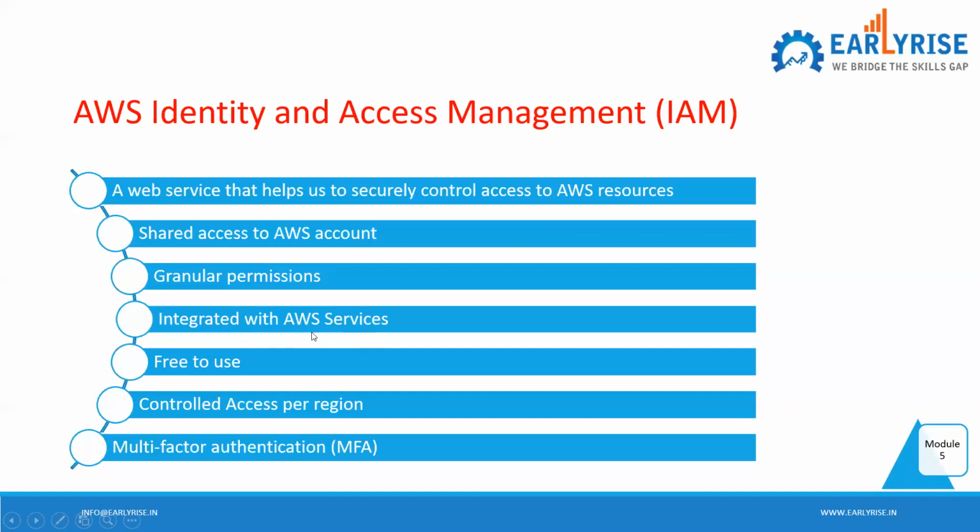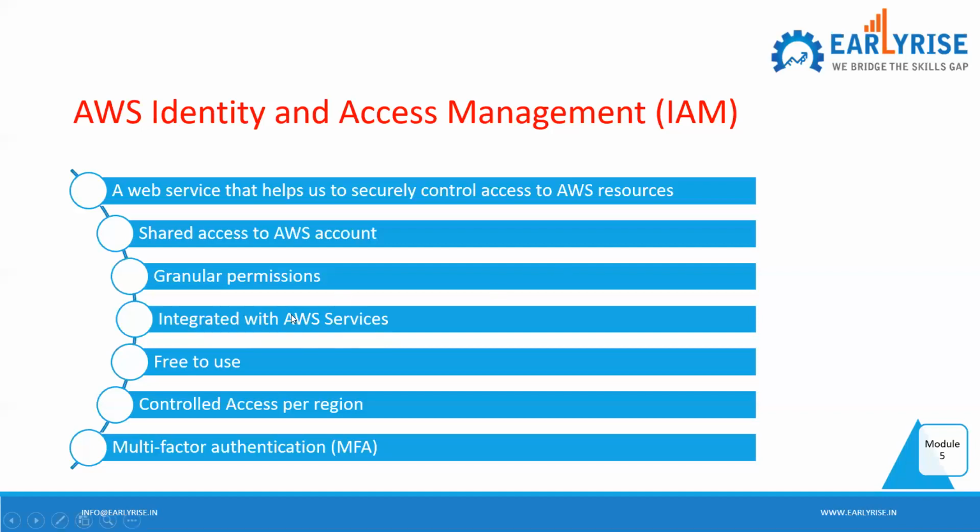Now, it is integrated with AWS services. It's not something which is separate. We have a number of services, and with most of the AWS services, this IAM security works.